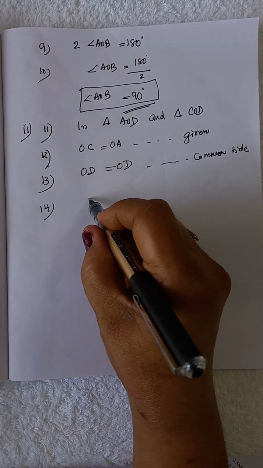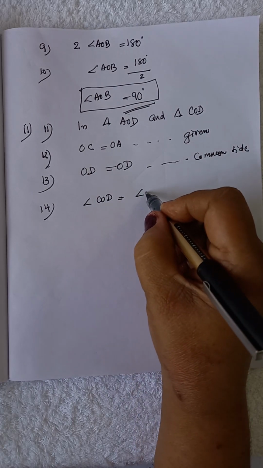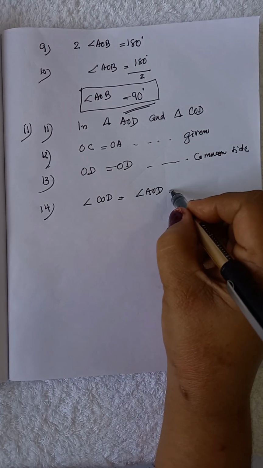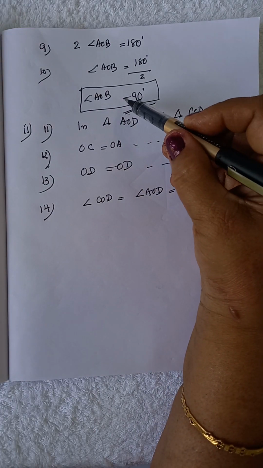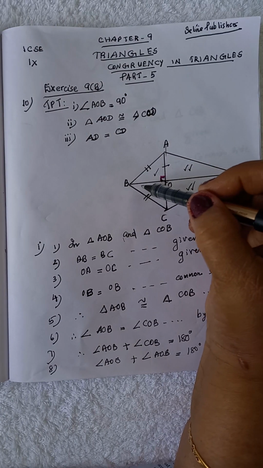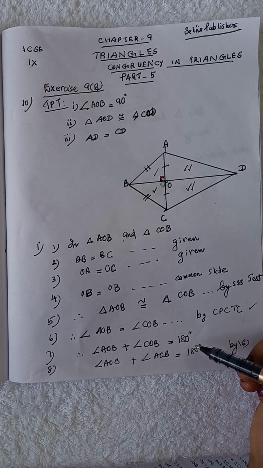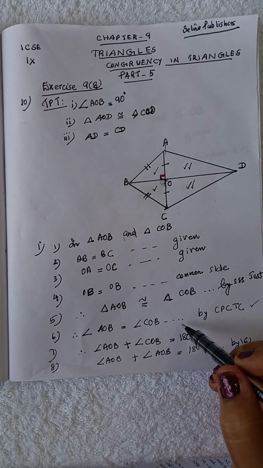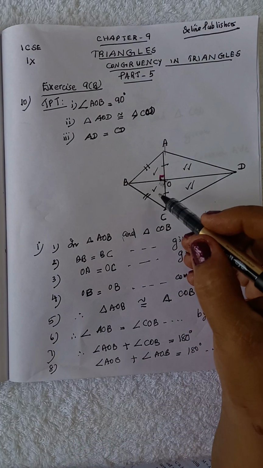Next 14th point. Here this angle COD, that is equal to angle AOD. What is that? That is 90 degree. That is from this 10th point we got angle AOB as 90 degree. AOB is this angle, and we got angle AOB as equal to angle COB from 6. So angle COB also 90 degree.